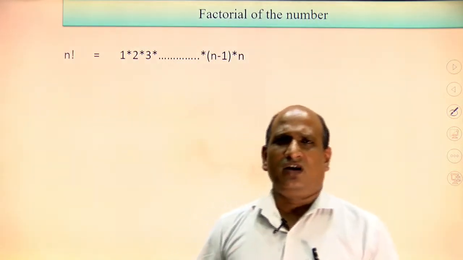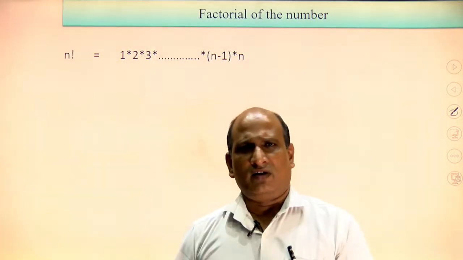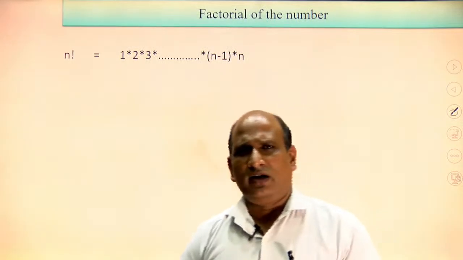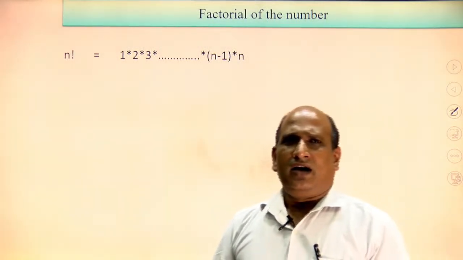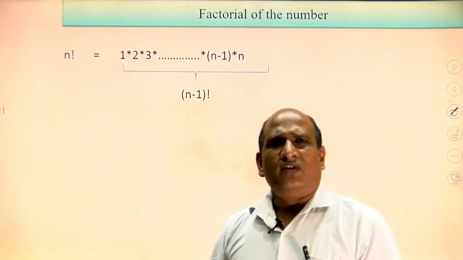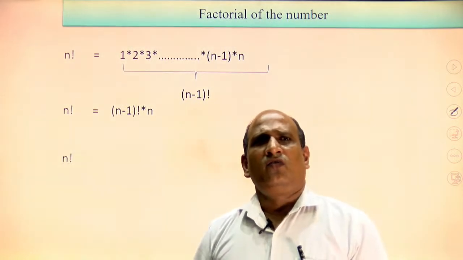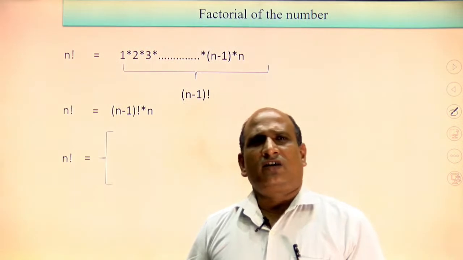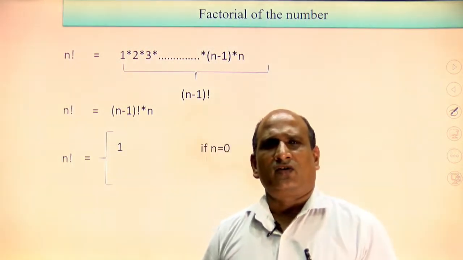It means if the factorial of 5 has to be calculated, then the factorial of 5 is 1 into 2 into 3 into 4 into 5, so you have to multiply the numbers up to that number. In another way, we can say that the factorial of n is n into factorial of n minus 1.